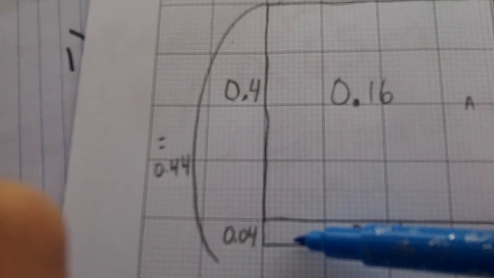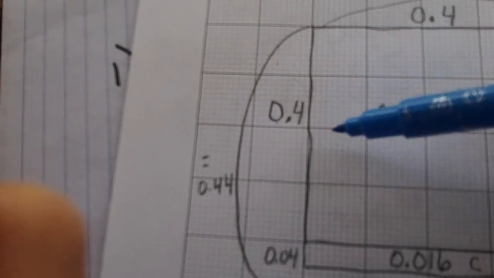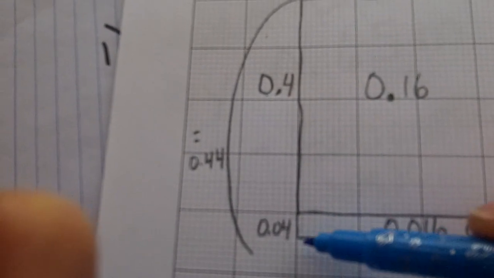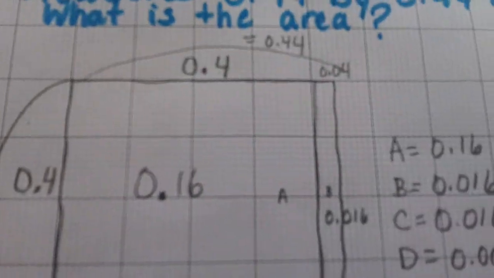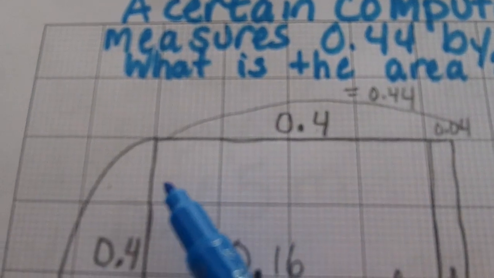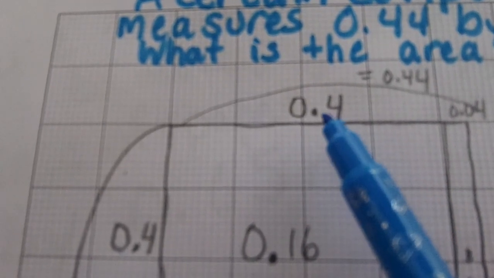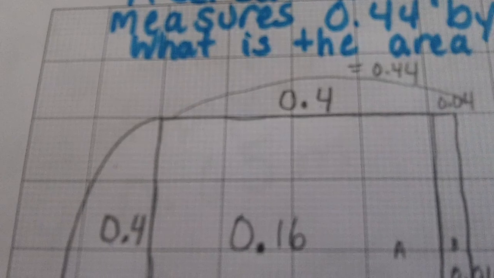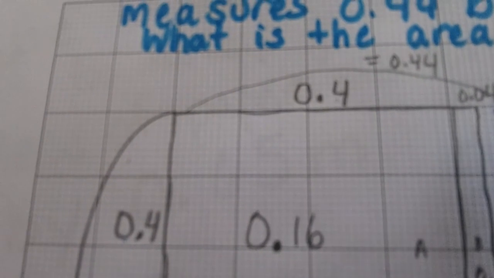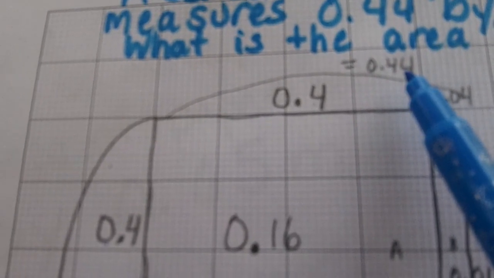The reason why I used graph paper for you is each of these is 10, 20, 30, 40, and then we have 4 hundredths here. On the top, same thing. I have 10, 20, 30, 40 for 4 tenths. And of course in my little skinny section over here I have 4 hundredths for a total of 44 hundredths.